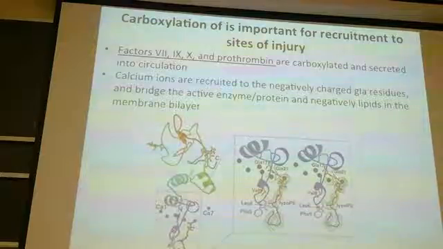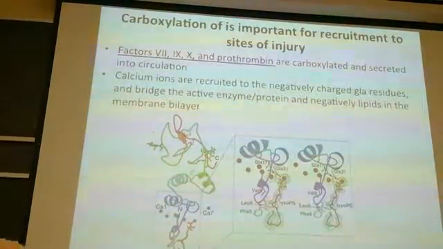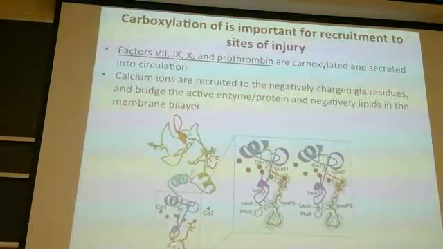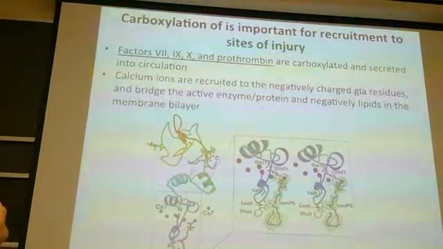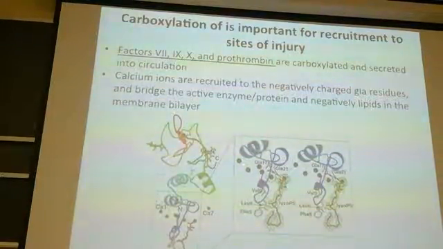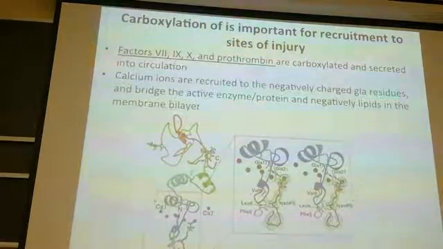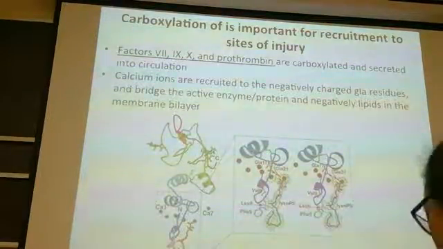This is an actual crystal structure with a lysophosphoserine. So this would be a negatively charged lipid, shown here. And then there's a zoom-in version here. This is the aliphatic hydrocarbon chain of the lipid, and then the head group. And then these black circles are the calcium atoms that are sitting at the interface between these GLA residues and the lysophosphoserine.